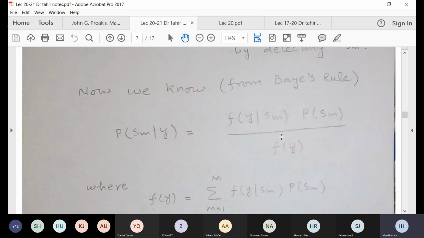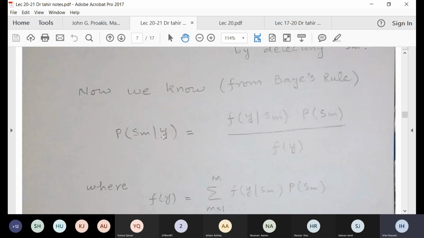What is Sm? The probability of Sm given Y can be written using Bayes' rule: f(Sm given Y) will be f(Y given Sm) times the probability of Sm in the numerator.